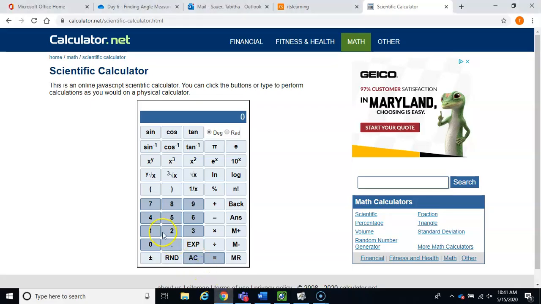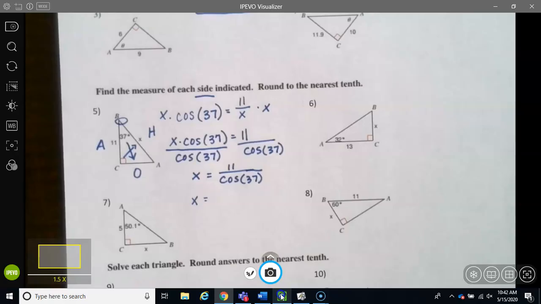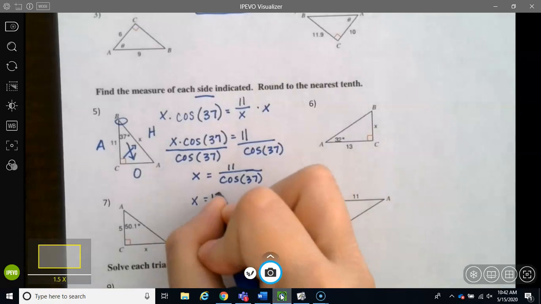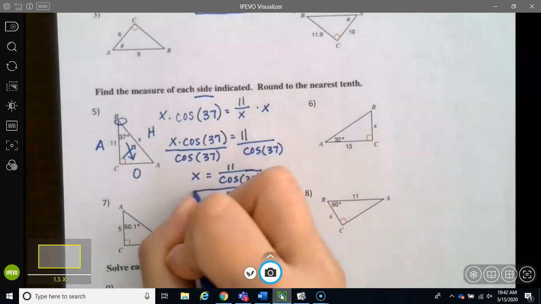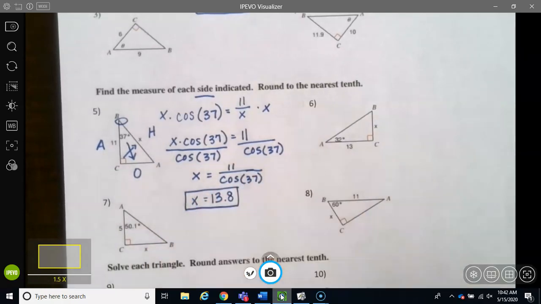Clear this out. 11 divided by cosine of 37. And we get 13.77, so that means this second 7 bumps that first 7 up to an 8, so it's 13.8. Okay.